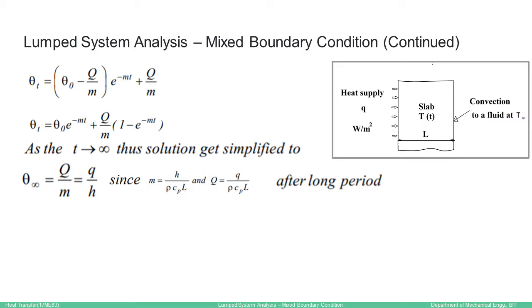And the next term, Q by m into (1 minus e power minus m t), will be only equal to Q by m because the term within the brackets is equal to 1.